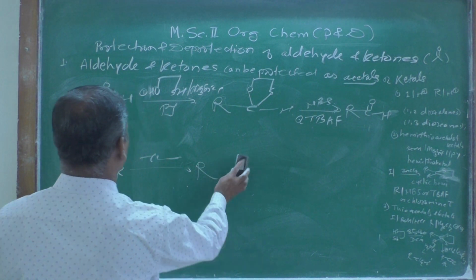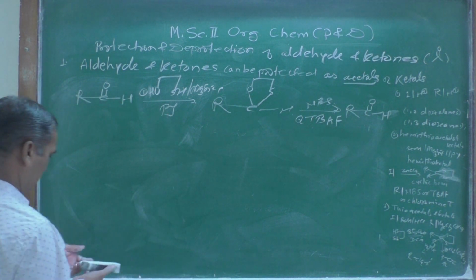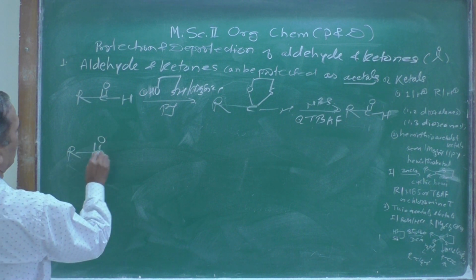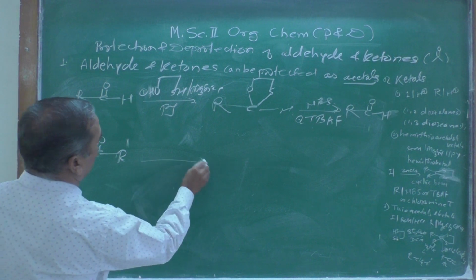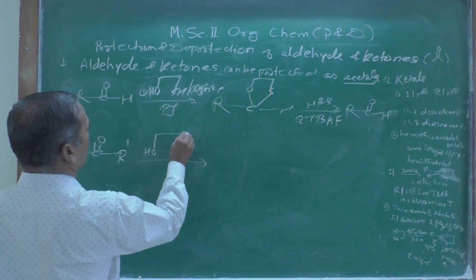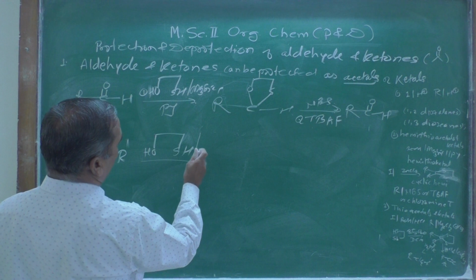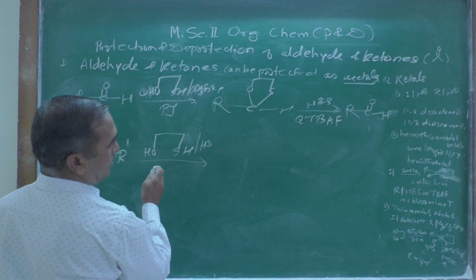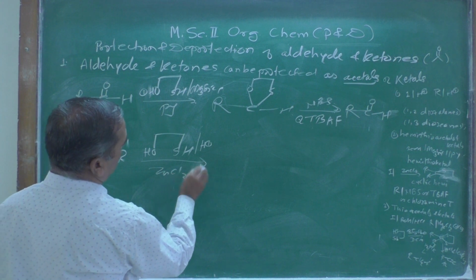Similarly, if the same reagent you use over here, you will get the resulting compound. Let us see here, suppose it is R C double bond O R dash ketone, that will be treated with HO, then CH2SH in presence of H plus and ZnCl2. What do you get?